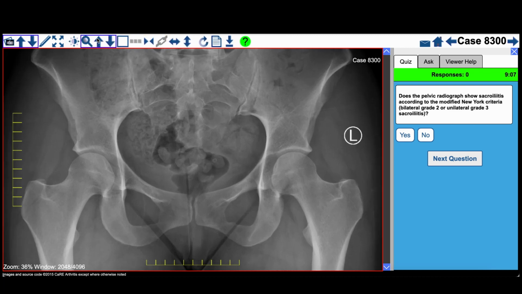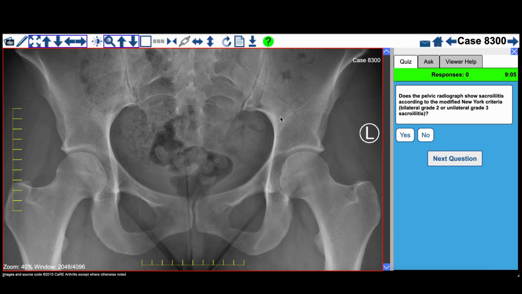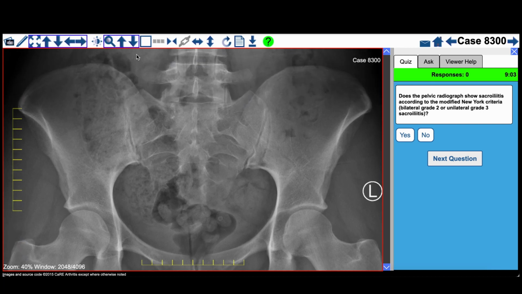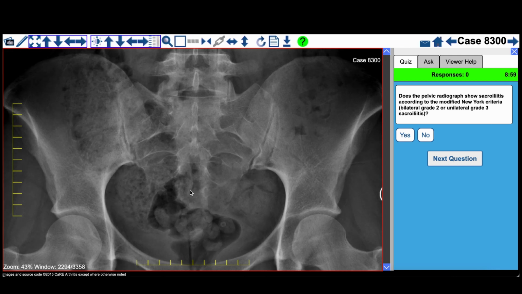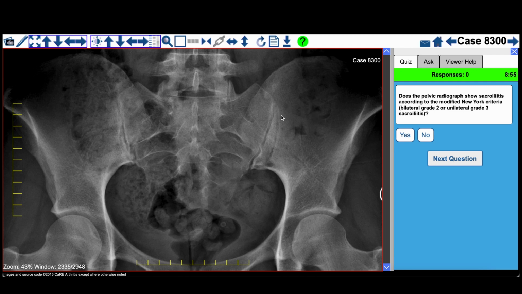Let's just magnify this pelvic image so that we can see the pelvic radiograph more clearly, and especially the sacroiliac joints. The left side is completely unremarkable. The right side is a little more difficult to interpret because of overlying gas shadow, but I don't think that we can say that there is a definite abnormality.